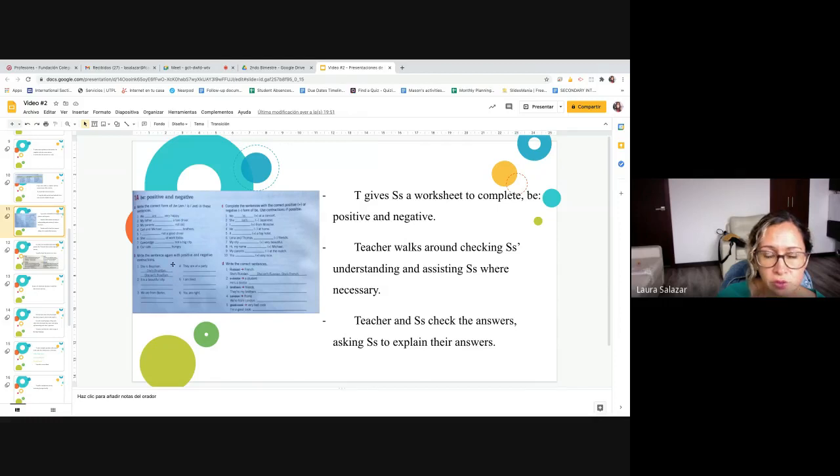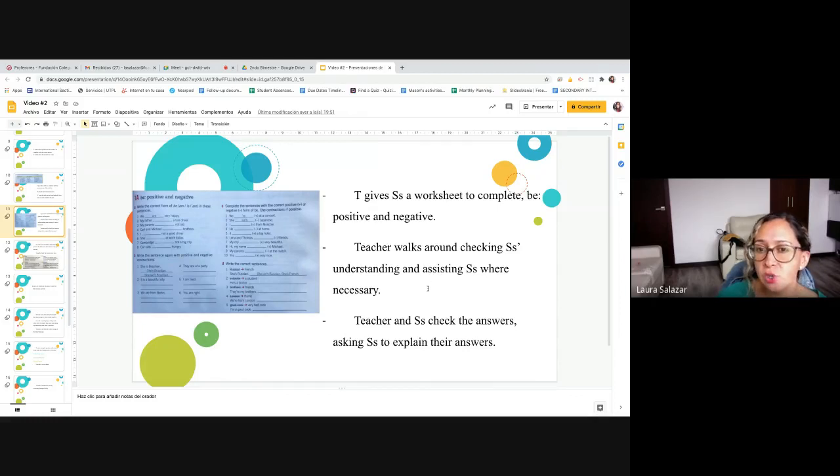So they have the first example as well: She is Brazilian, she's Brazilian, she isn't Brazilian, using contractions. For part C, complete the sentences with the correct positive or negative form of be. You need to use contractions where possible. And in the last part, they need to write the correct sentence.